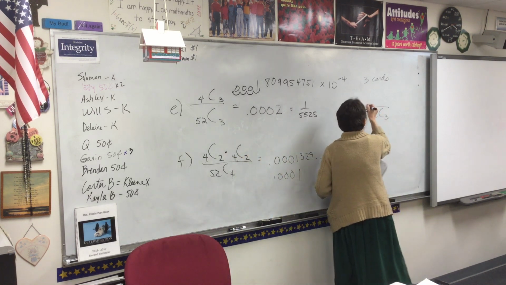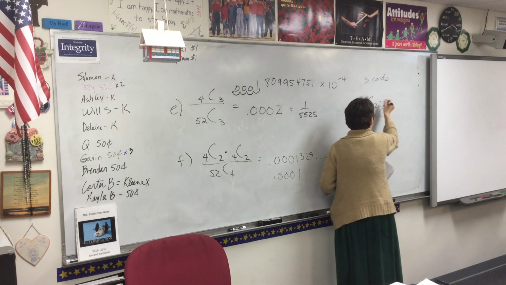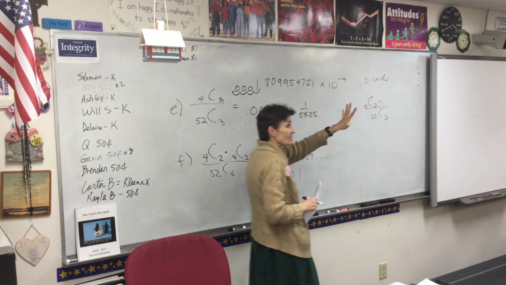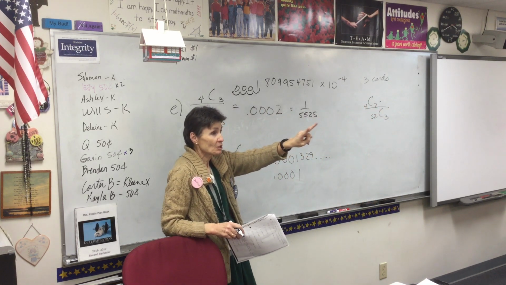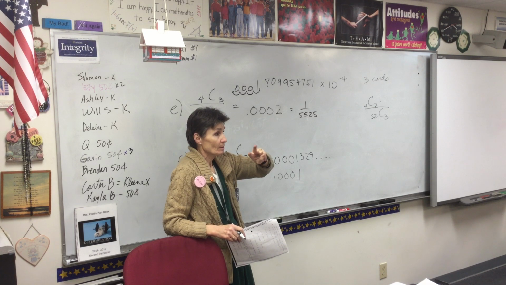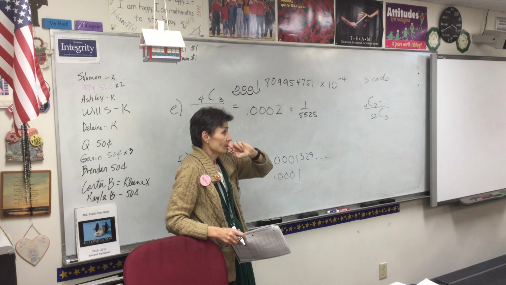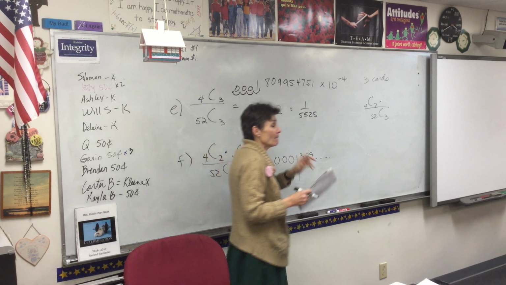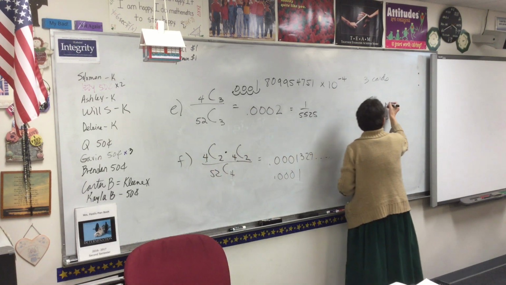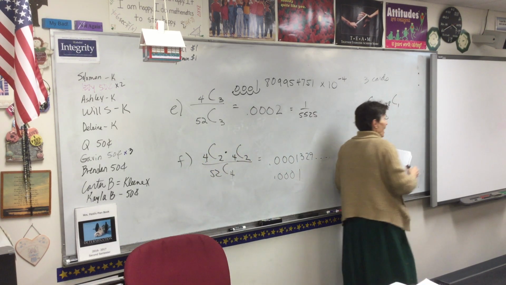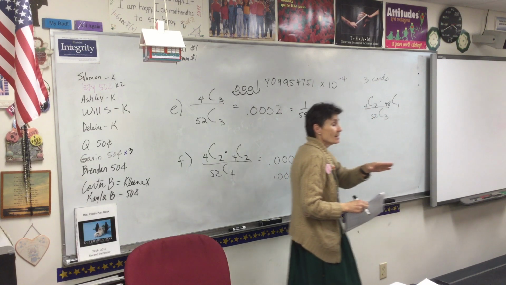4C2 takes care of the queens. There are 4 queens in the deck, and we're picking 2 of them. Then 48C1, because the other card has to be not a queen.